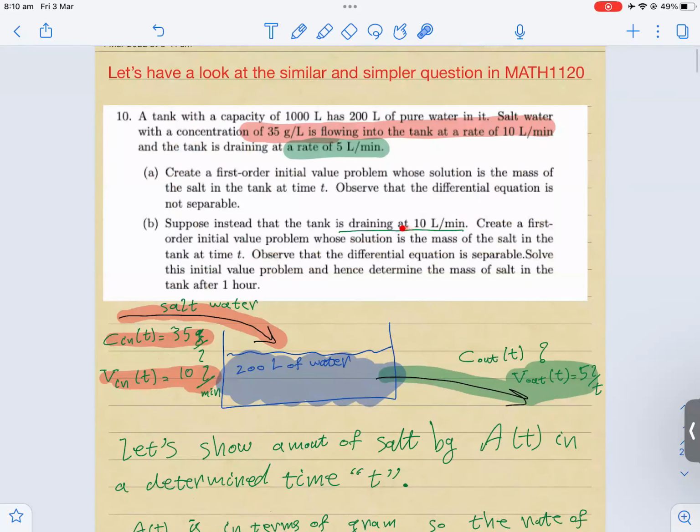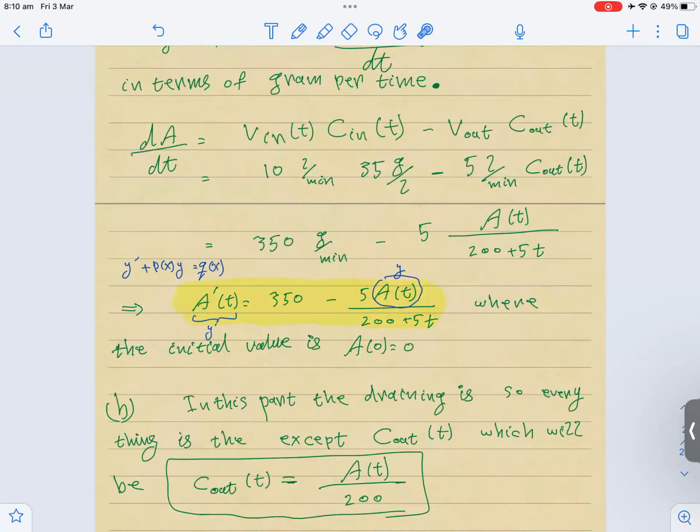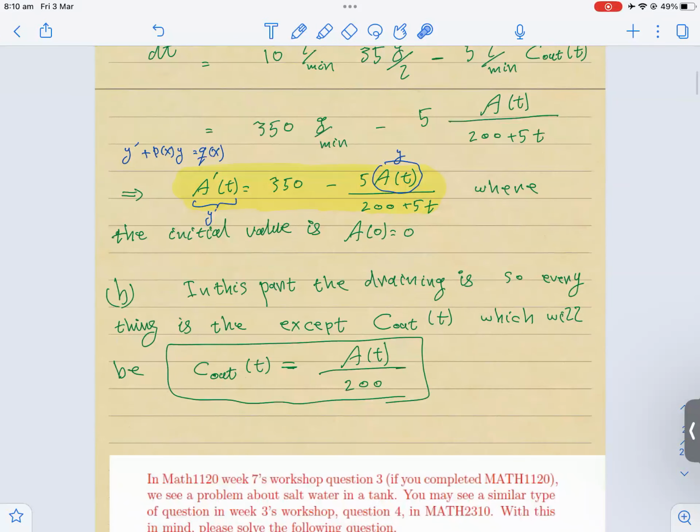In the second part, 10 liters going outside means the volume of the water will be fixed. Therefore, I will just write 200. So the concentration of the salt in the water going outside will be the amount of the salt divided by the volume of the water, which is fixed, and it is 200.